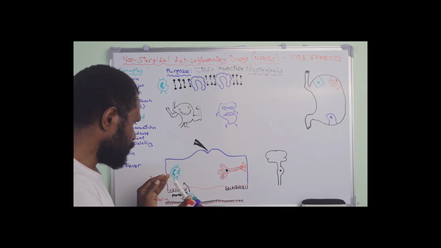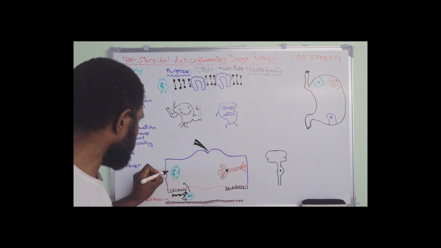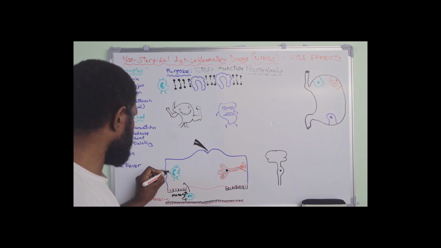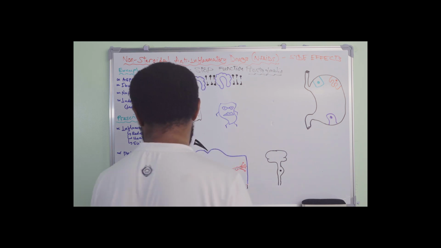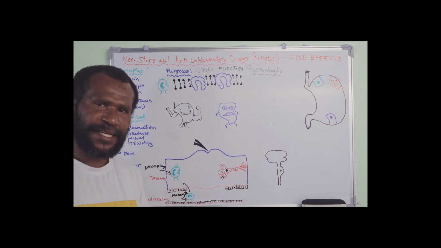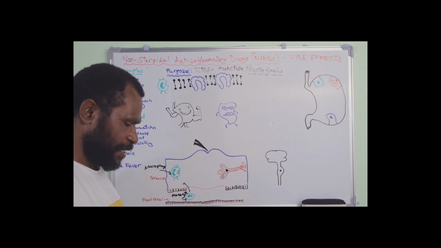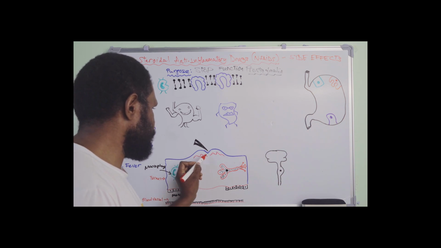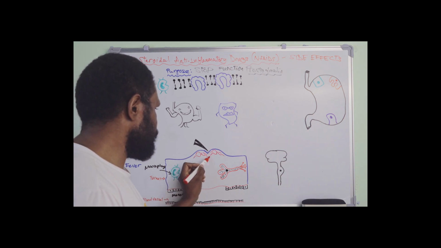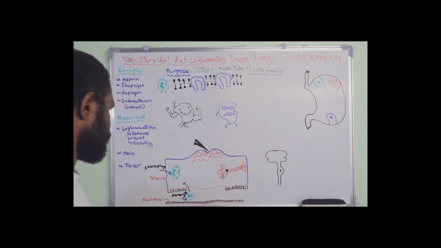Once the monocyte gets into the tissues, it will differentiate into what is called a macrophage. Macrophage, or a big eater. So what will this cell do in the inflamed tissues? Remember, you have inflammation, redness, and also swelling at the local site.